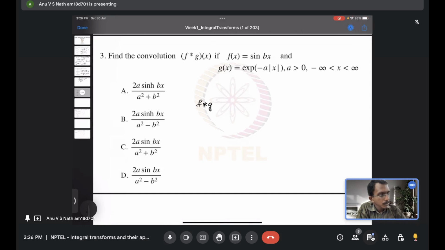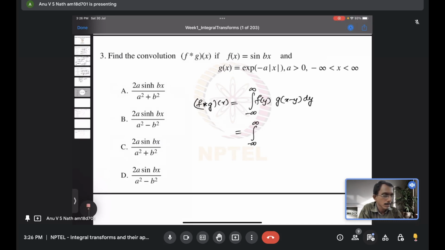f star g of x, the convolution of f with g, is equal to the integral from minus infinity to plus infinity of f of y times g of x minus y dy. So this we can actually write in reverse manner also.